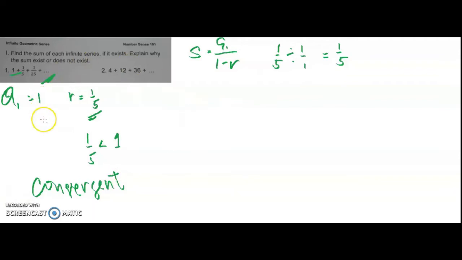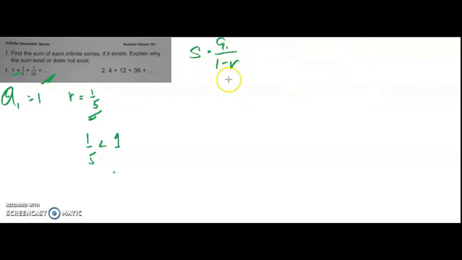Okay, so since this is convergent, the sequence is a convergent geometric pattern. Now, the question is, ano ang kanyang sum? So, paano natin siya kukunin? So, tanggalin muna natin to. Okay, we are going to use this formula now, S is equal to a sub 1 over 1 minus r, to determine the sum of this particular geometric pattern.